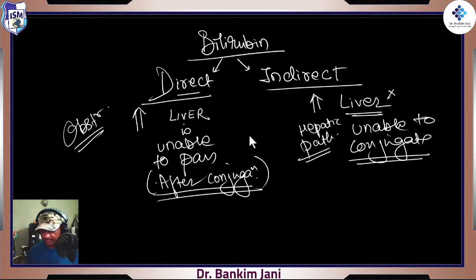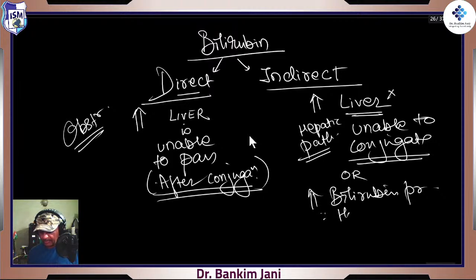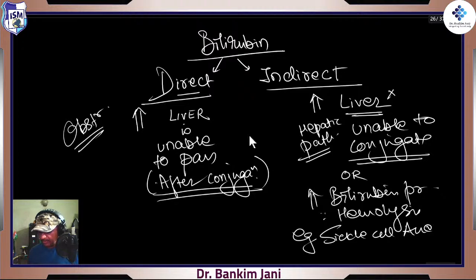That could also be the thing. Or increased bilirubin production because of hemolysis. And as an example, we just write sickle cell anemia, though there are many other reasons, like hereditary spherocytosis, etc. But just one example is enough to give the idea, so that when the reports come, you will see it like this. Okay.